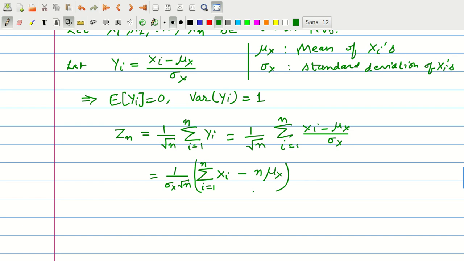Then the central limit theorem states that as n tends to infinity, Zn tends to becoming a normal random variable with mean 0 and variance unity. That is the formal statement of the central limit theorem. It can also be stated as a property of convolution, which says that the convolution of a large number of positive functions is normal.